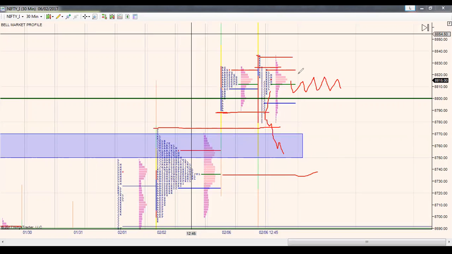So I would say that a failed auction above this excess would be nice, but if we find acceptance in this zone, then there is every likelihood that we'll test higher references. So I think that is today's analysis.